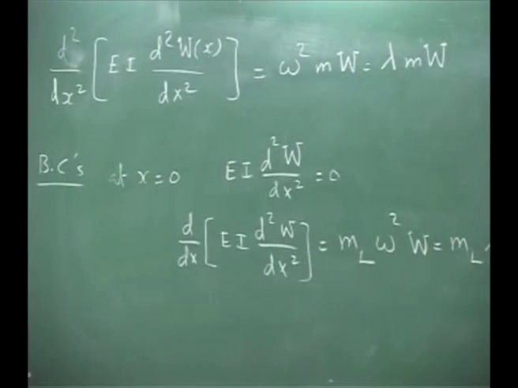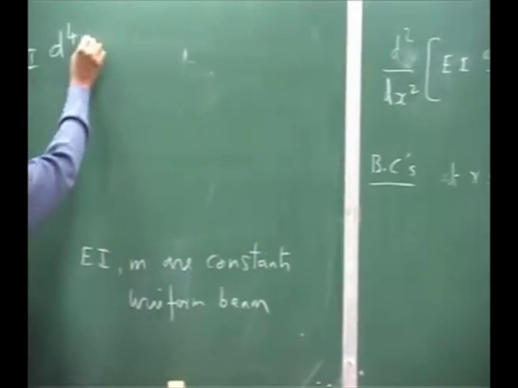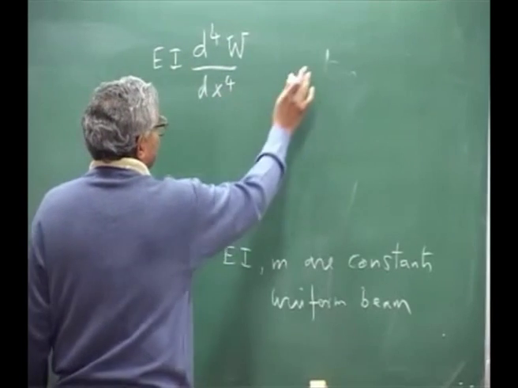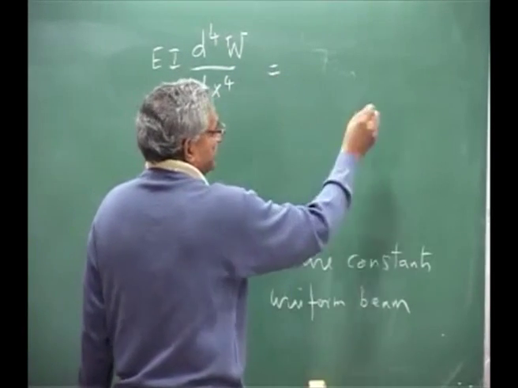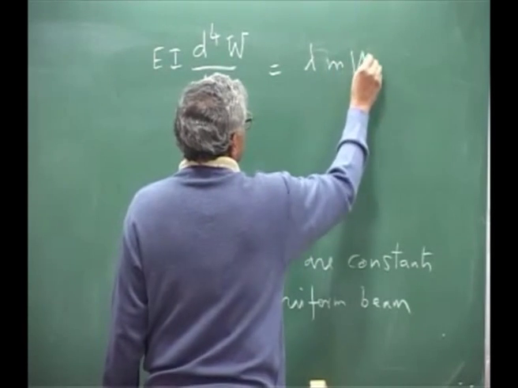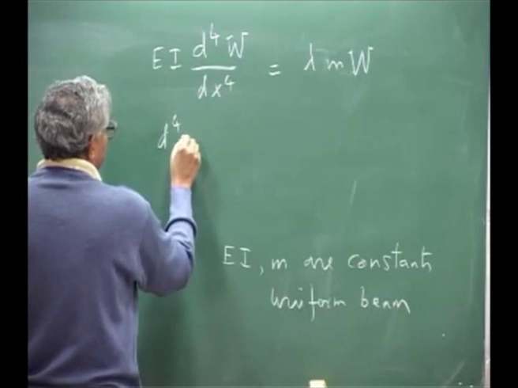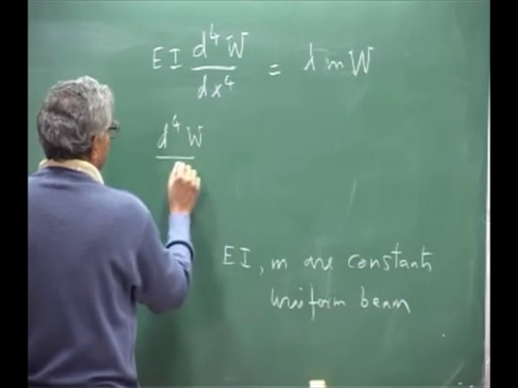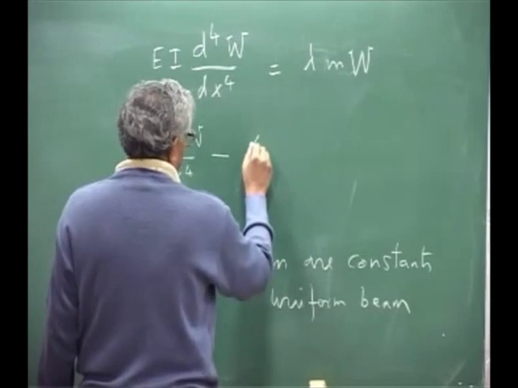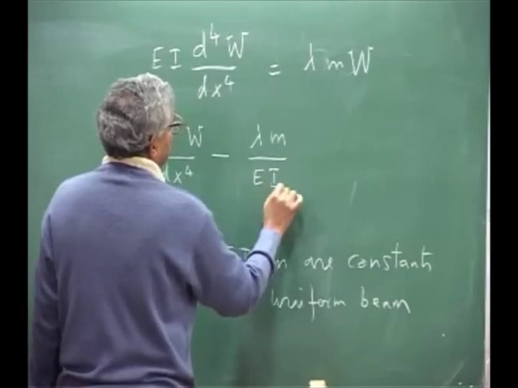it becomes EI d4 w by dx4 equals lambda m w, which you can write as d4 w over dx4 minus lambda m over EI w equals zero.